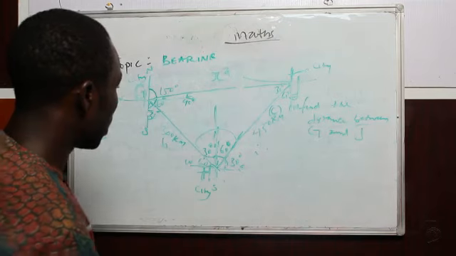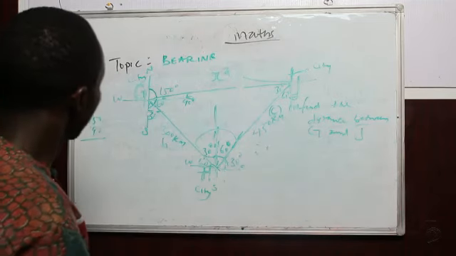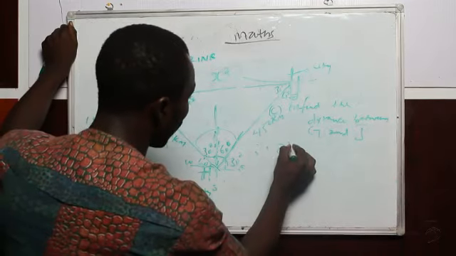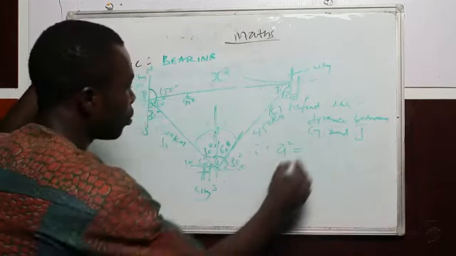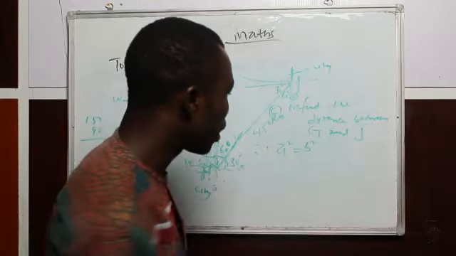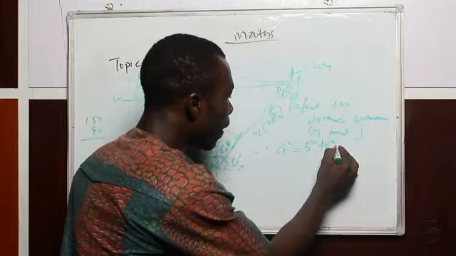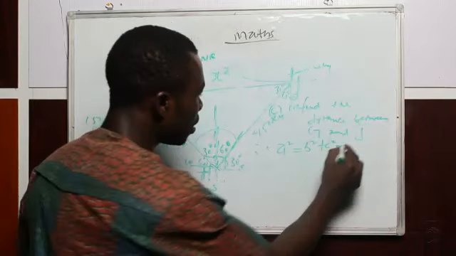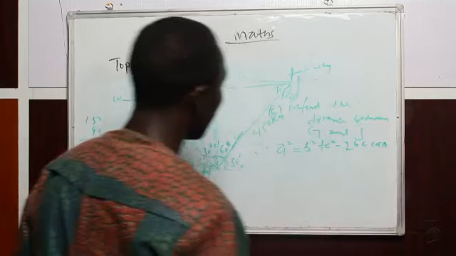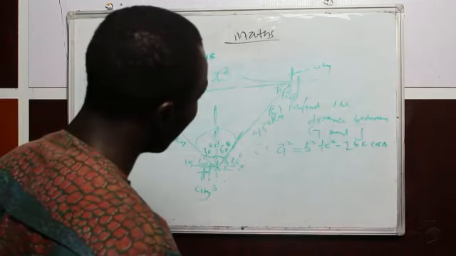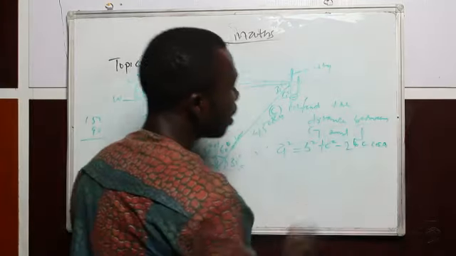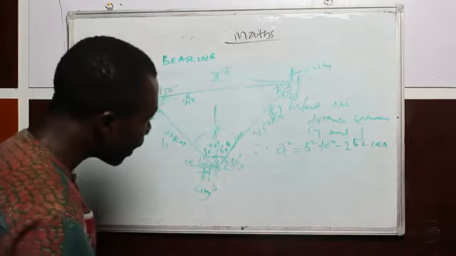Therefore, to find the value of A, we use this: A square is equal to B square plus C square minus 2BC cos A.